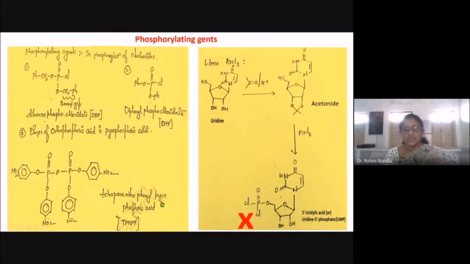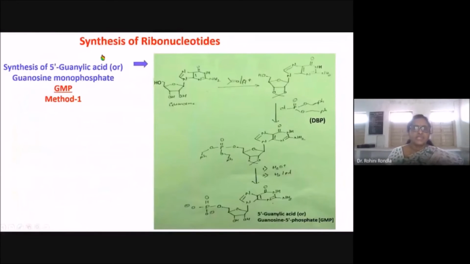Okay, let us see. We are going to use these phosphorylating agents. First one, synthesis of ribonucleotides. Let us look at RNA again. An example: synthesis of 5-guanylic acid, or another name guanosine monophosphate, and you can give the abbreviation GMP.